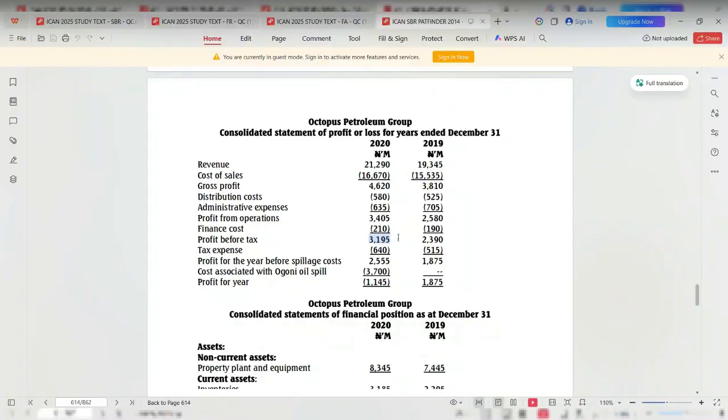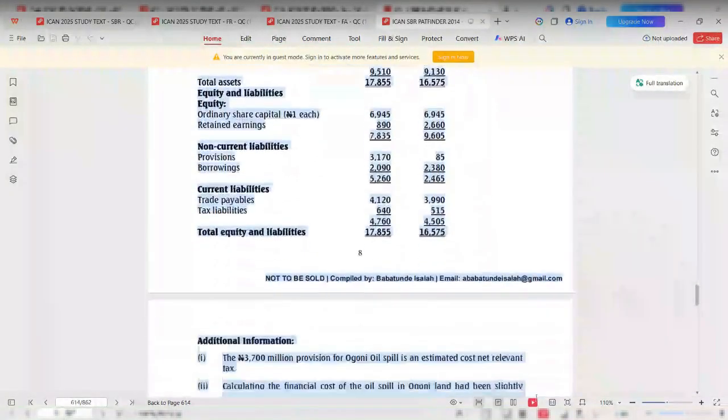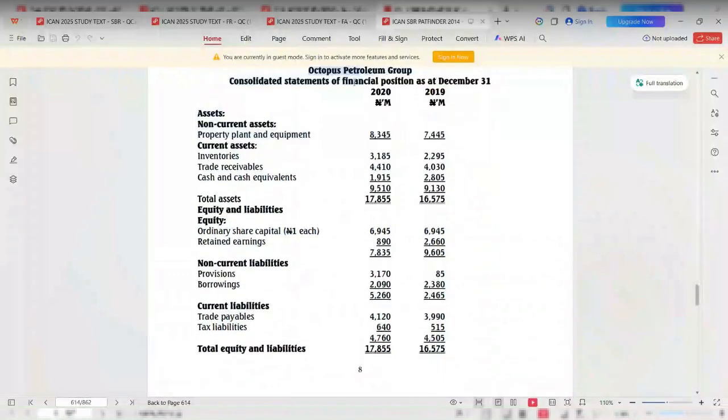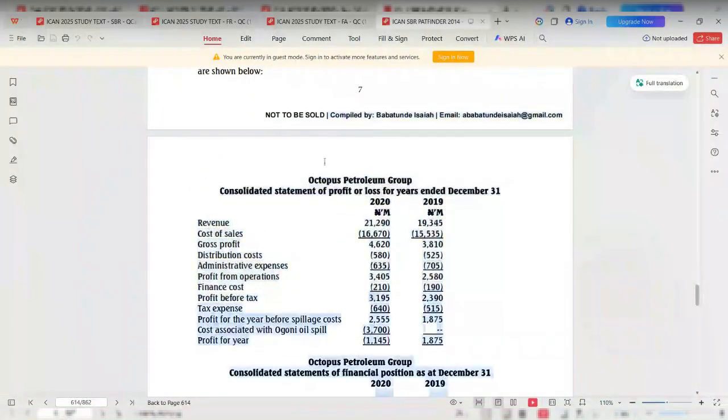What you are now going to do is bring that 3,195,000 profit before tax, plus the finance cost.